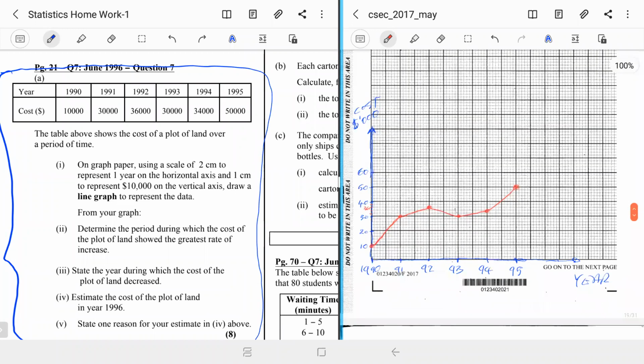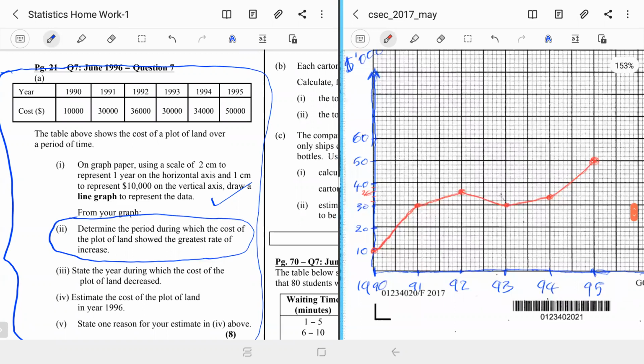All right, so I've completed the line graph section. And it says now, from the graph, determine the period during which the cost of the plot of land showed the greatest rate of increase. When was there the greatest rate of increase? Look at the graph.